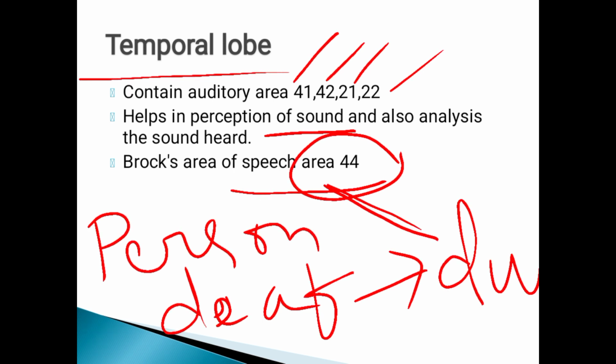That means if there is any lesion in the temporal lobe, the person is not able to hear the sound, he becomes deaf. Simultaneously the Broca's area is present in the temporal lobe, so that will also not function, so he will not speak. He will become dumb. So if the person is deaf, then he will be dumb also.